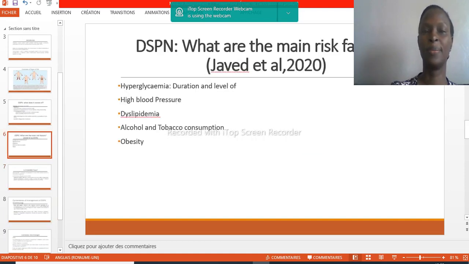Well, of course, there are main risk factors that are associated with the condition. Many studies showed hyperglycemia, with both the duration and level, high blood pressure, dyslipidemia, alcohol and tobacco consumption, obesity.